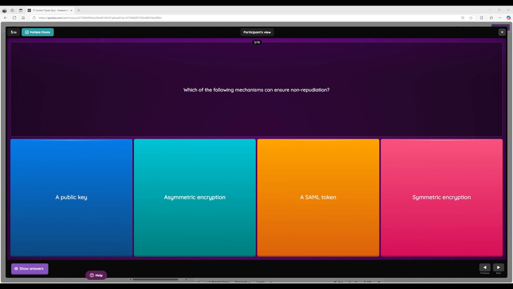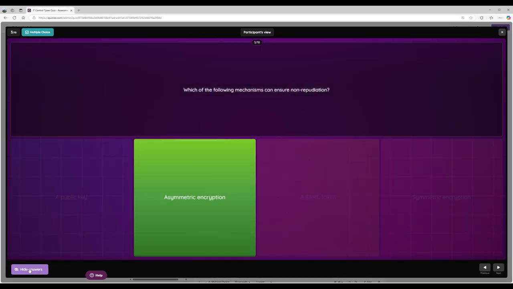Now, you are the only person that should know your private key. So to ensure non-repudiation, you need asymmetric encryption, which has a public key and a private key. Symmetric encryption won't work in this case. Okay, the answer is asymmetric encryption.